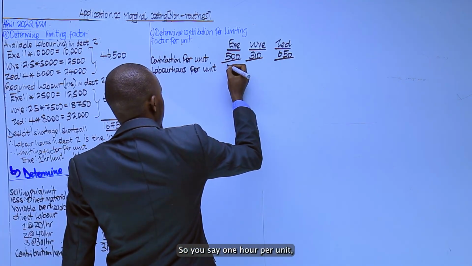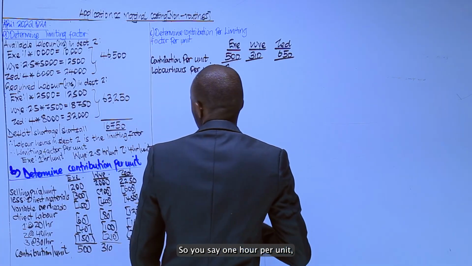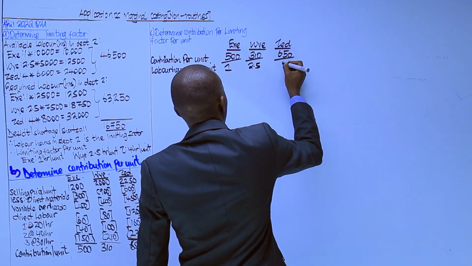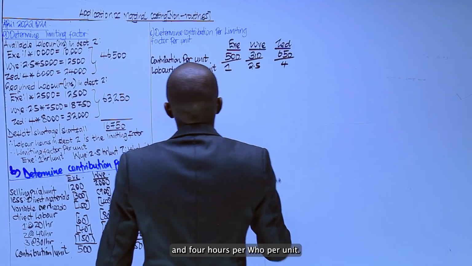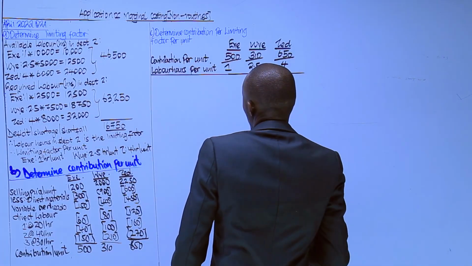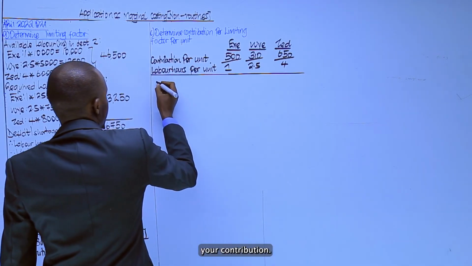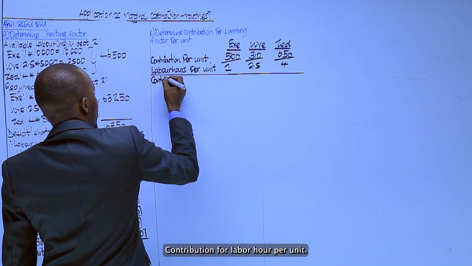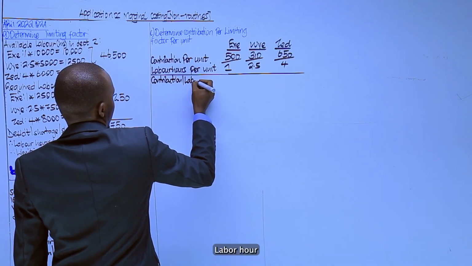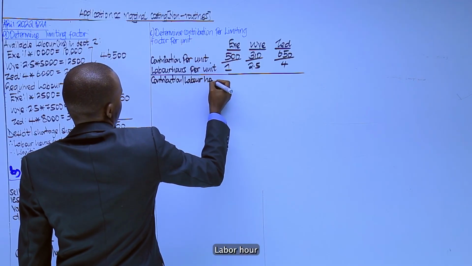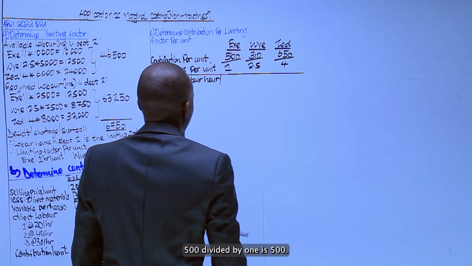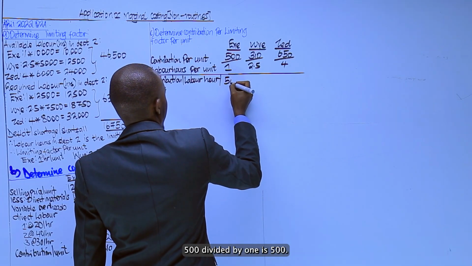So you say 1 hour per unit, 2.5 hours per unit, and 4 hours per who? Per unit. So this will give you your contribution per labor hour per unit. 500 divided by 1 is 500.